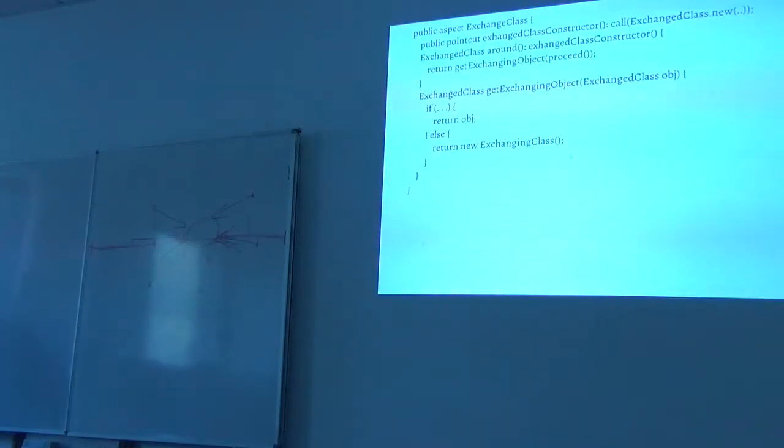So if we recognize the situation in our code that needs to be attended in this way, this kind of change in our code needs to be introduced, we can use an aspect to do this and not interfere with the actual code.